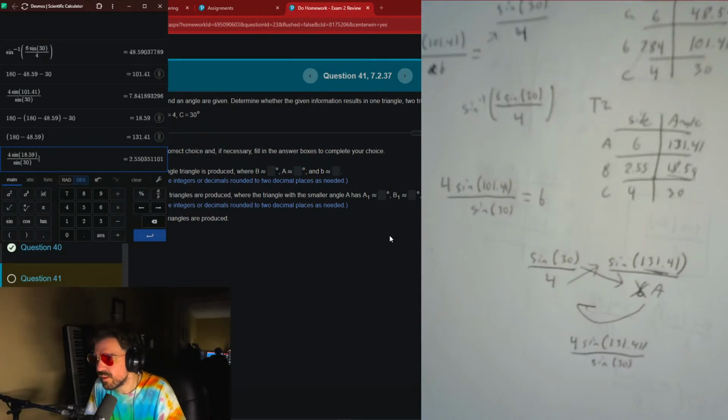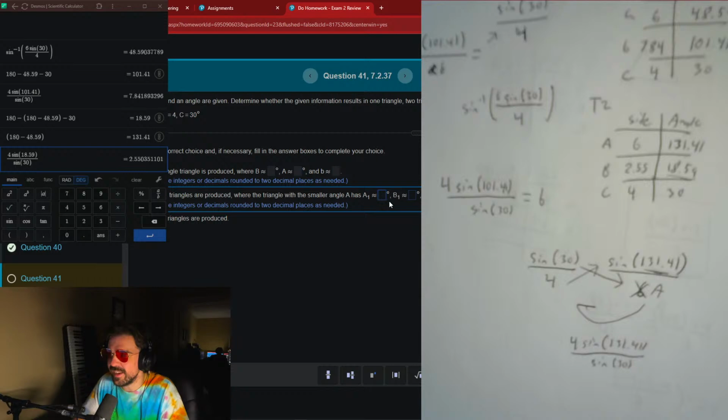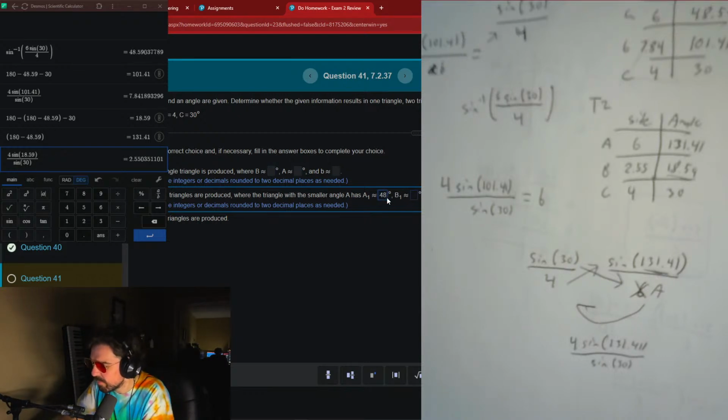Now, let's try it. Smaller angle A, capital is the angle. So, got 18.59. Wait, I almost messed it up. Smaller angle A is 48.59, and that triangle B is 101.41, and the length we found was 7.84.